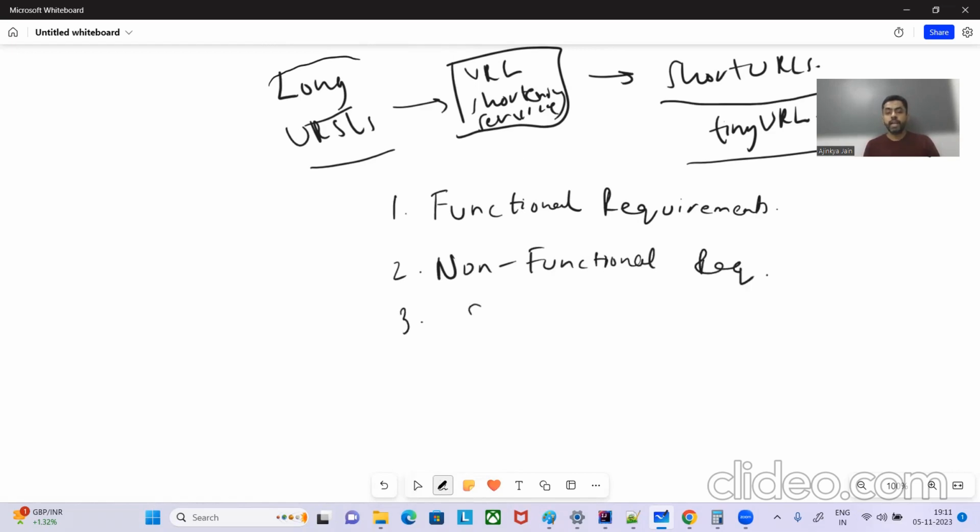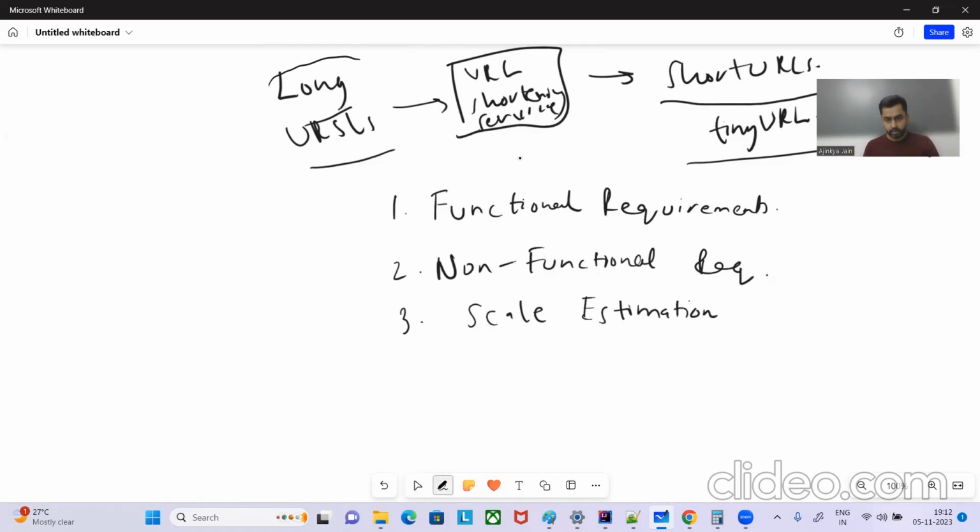Third is scale estimation. What is scale estimation? How many requests are we expecting per month? What is the load of the data which is going to come? What storage will be required to store this data? And what should be the scale of our system to handle the data we are expecting?